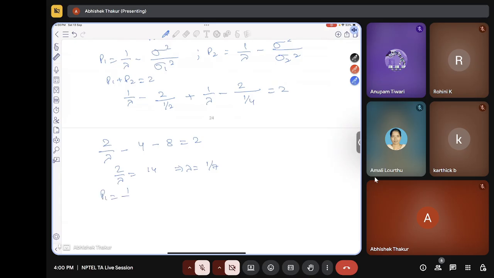So P1 is 1 by lambda minus 4, that is 7 minus 4 is equal to 3, and P2 is equal to 1 by lambda minus 8, so this will become minus 1.